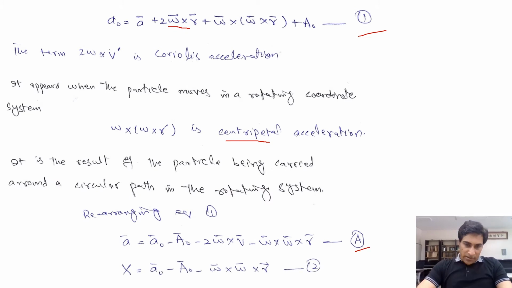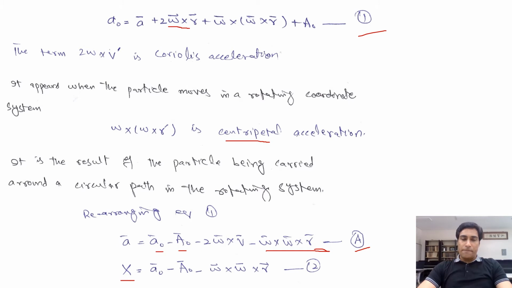Here we will solve the three terms: a naught, which is acceleration, then capital A naught, and omega cross r. We will simplify these terms, and I name them x equals a naught minus capital A naught minus omega cross r.